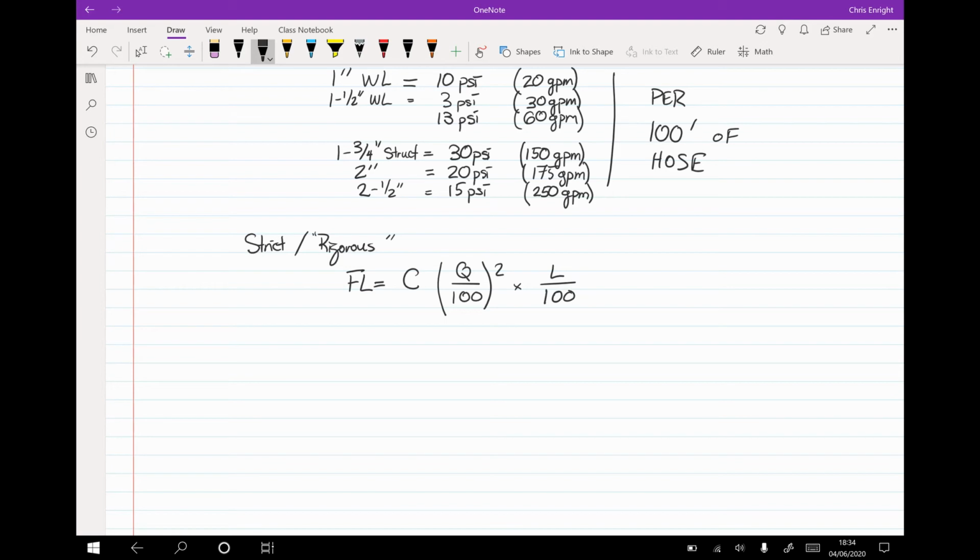Okay, so Q, flow rate, GPM, C, coefficient, it's from table, and L is length in feet.